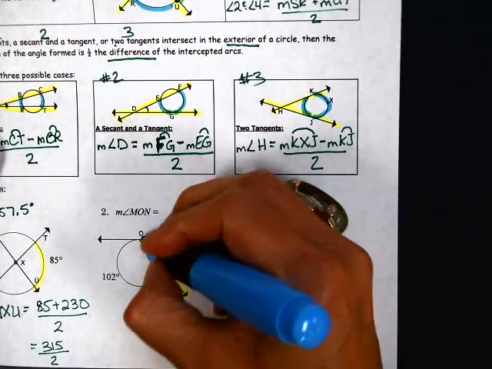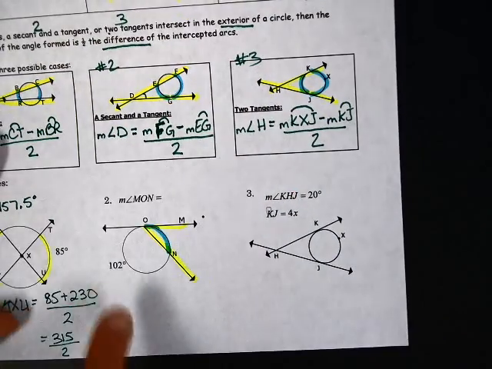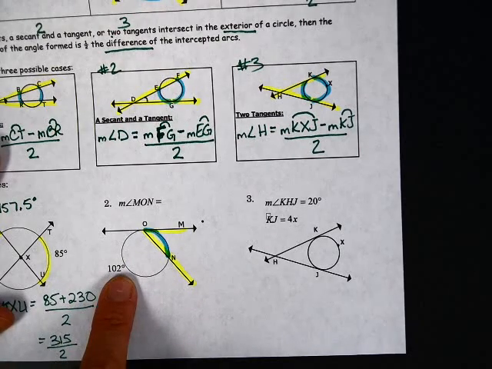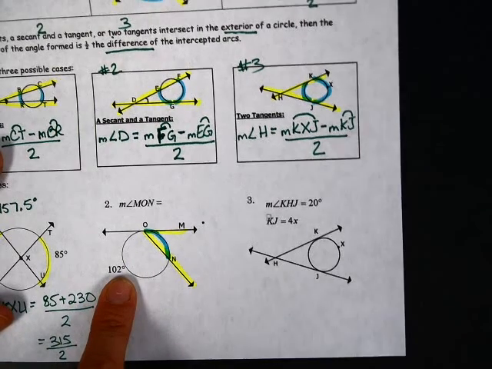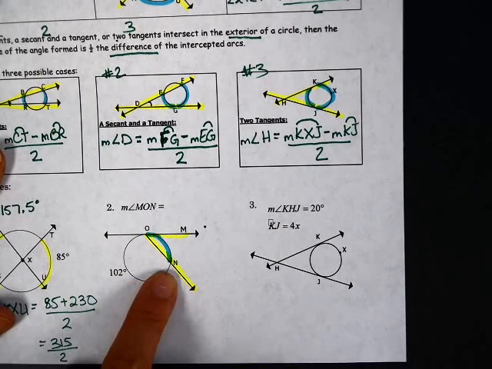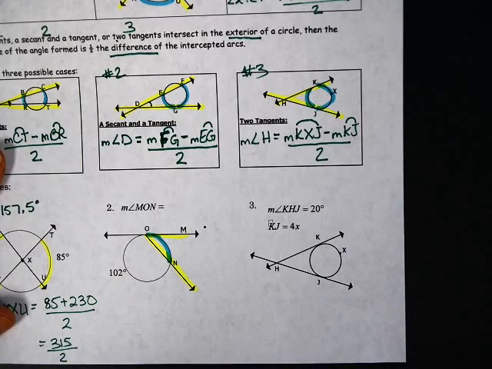Well, here's the arc that's intercepted. We don't know the measure of it, but we know the measure of this one. And again, this is obviously not drawn to scale because this is showing that it's a minor arc from here to here. All right, I'm only doing this to make sure that you go through the formula process.